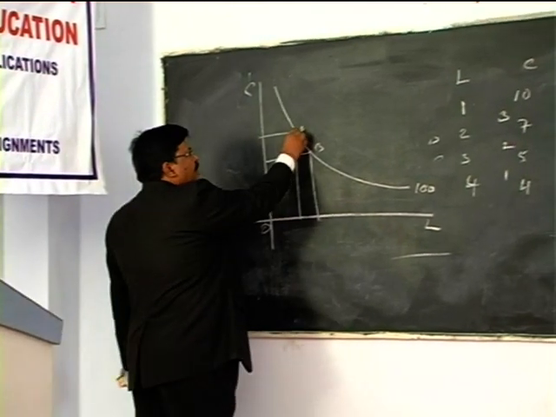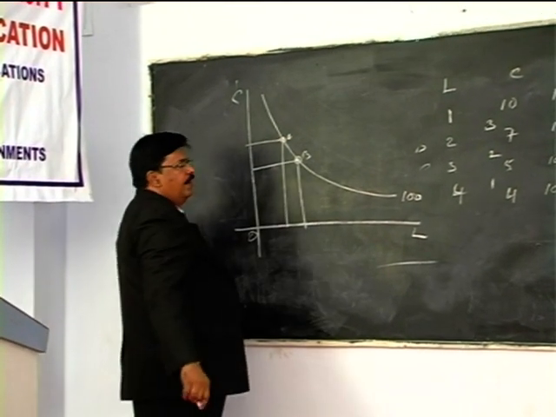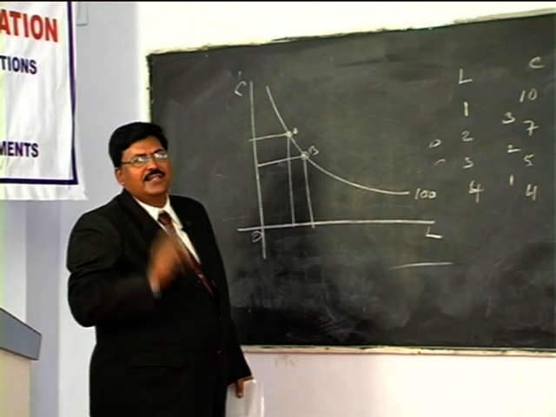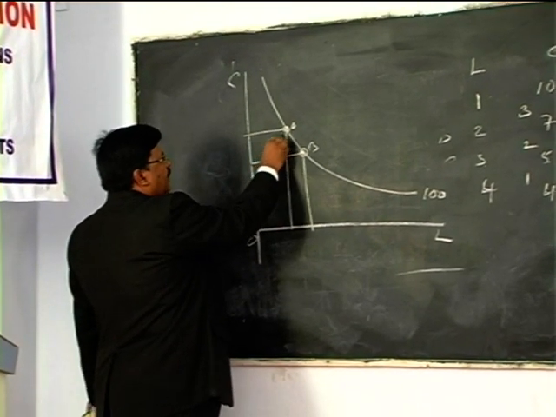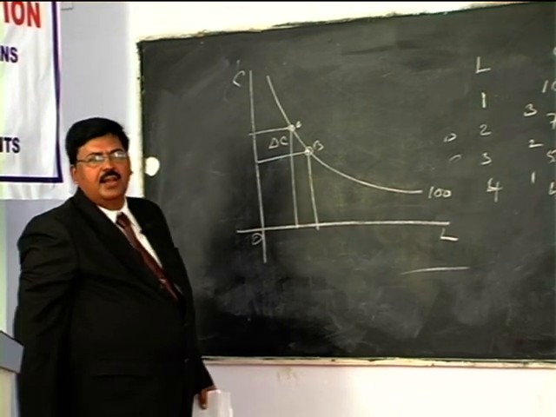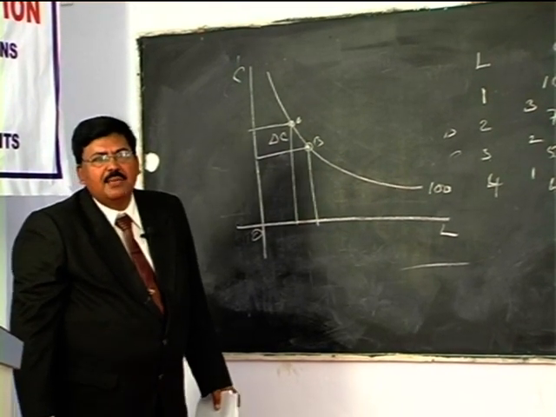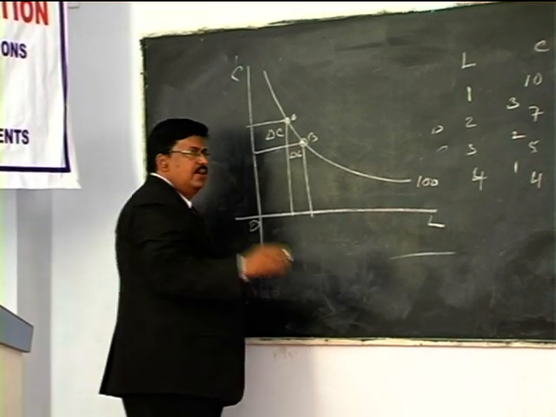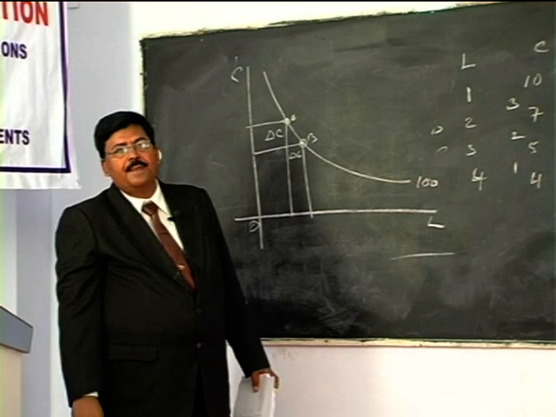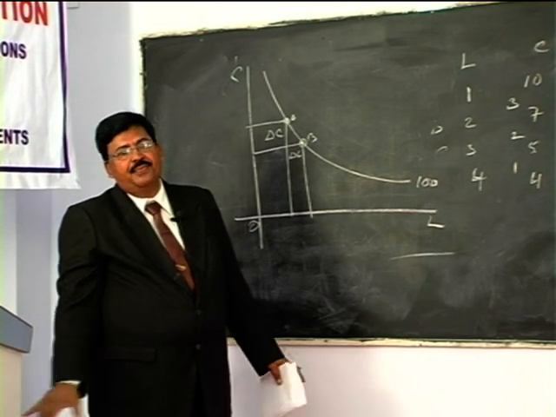A movement from point A to point B involves two things. One is, you are giving up this many units of capital, delta C units of capital are given up, and delta L labor units are added. But output remains the same.